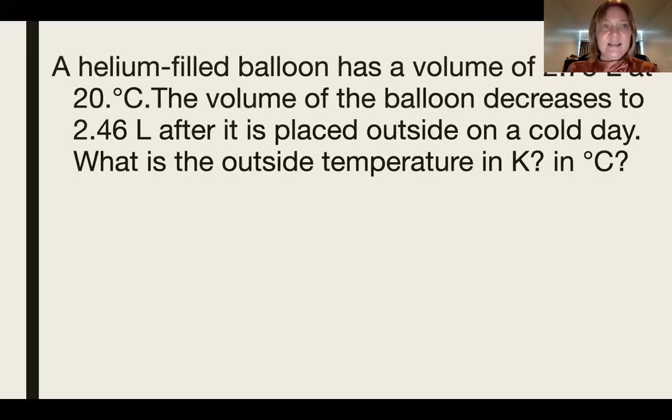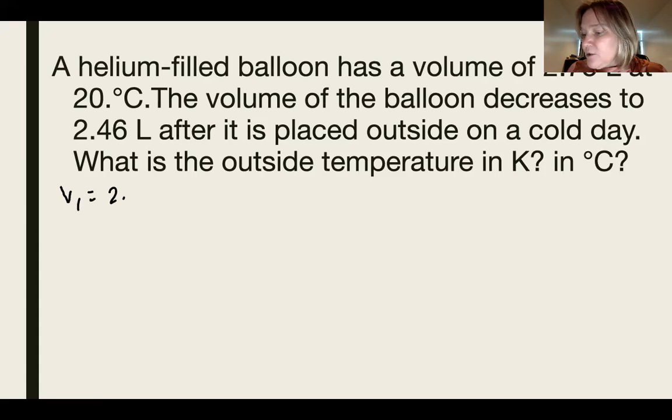So let's do some more practice. A helium-filled balloon has a volume of 2.75 liters at 20 degrees C. I'm going to write down the information as we're given it.